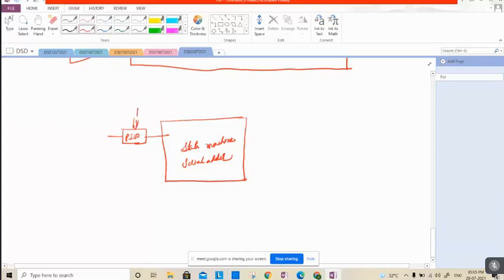This is A and this is B, parallel in serial out, and a clock. This is the clock, and a clock is to be given for the state machine also.